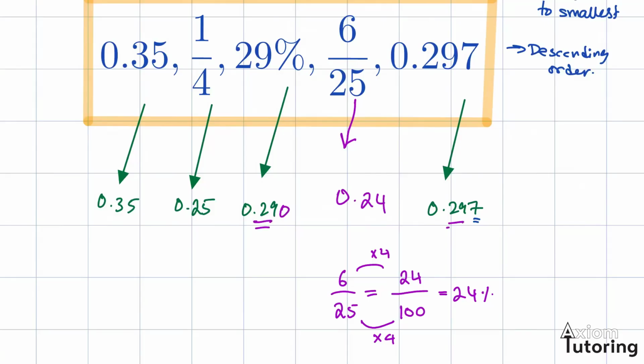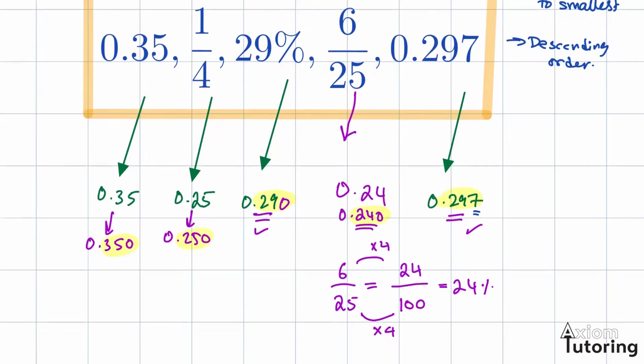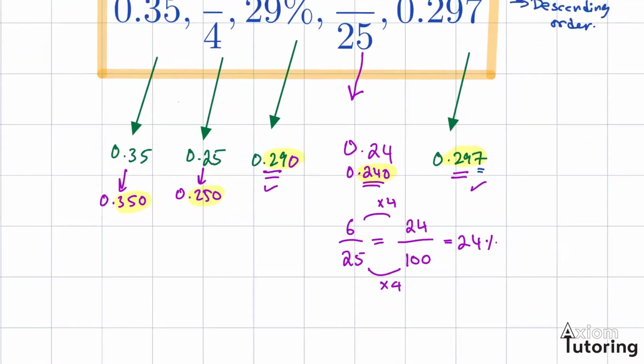And that tells us that it's smaller than 0.297. 0.24 is 0.240. This is 0.250 and 0.350. And now you can just compare them like regular numbers. 240, 297, 290, 250, and 350. So which of these is the biggest?